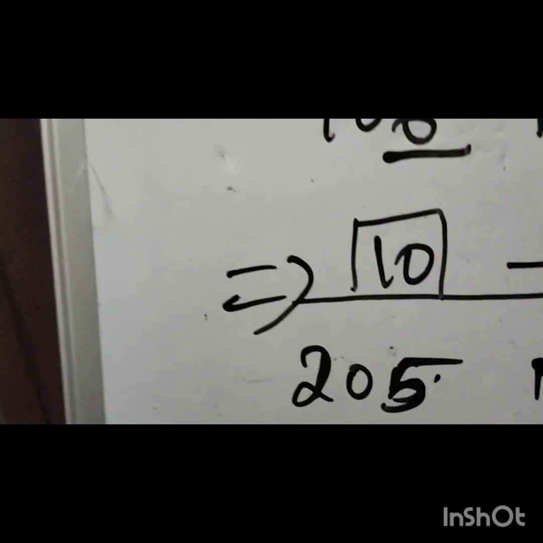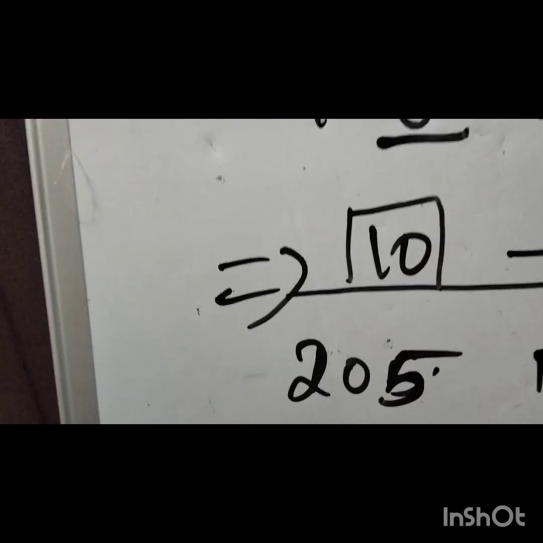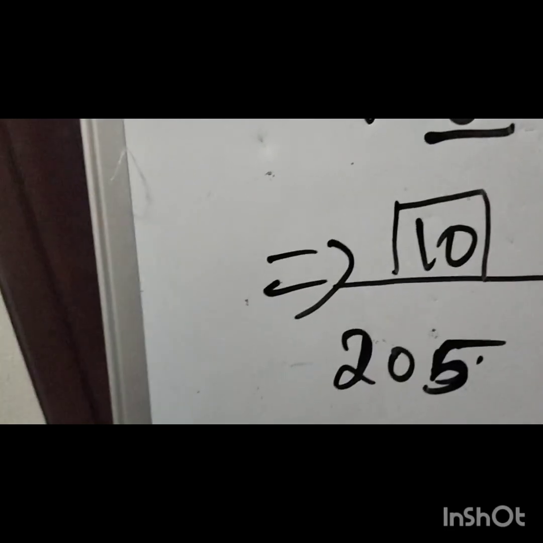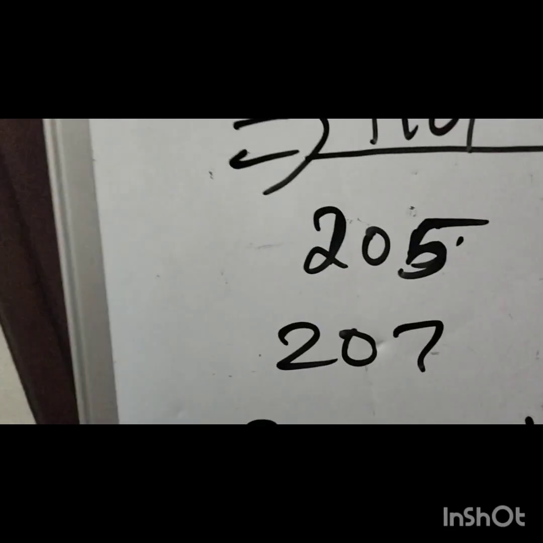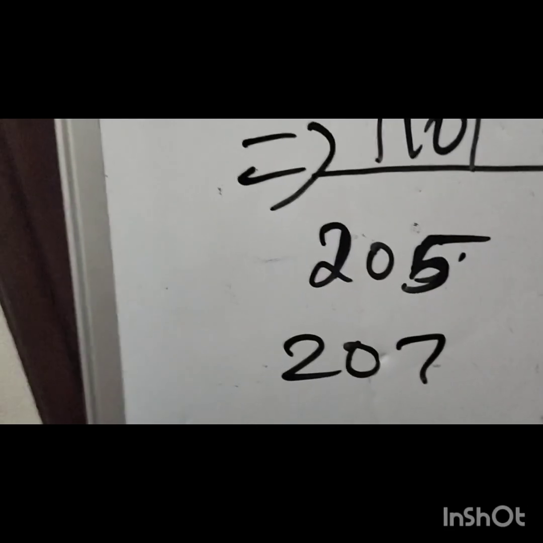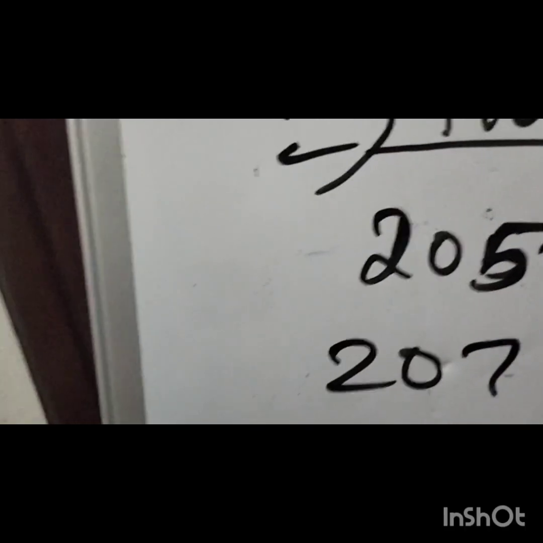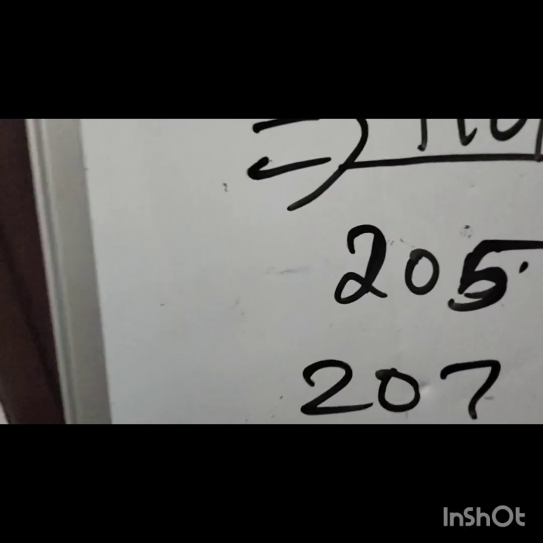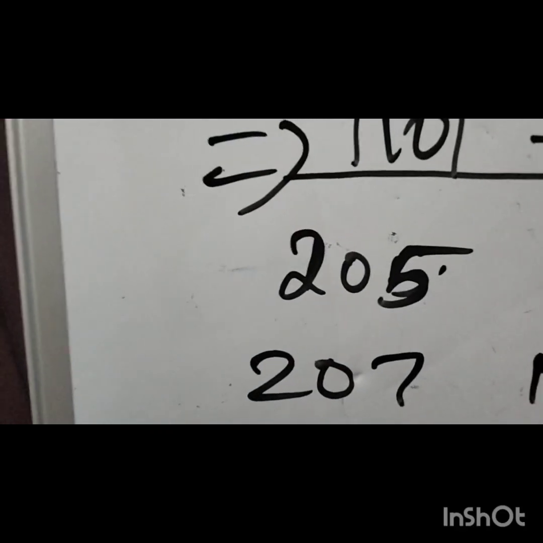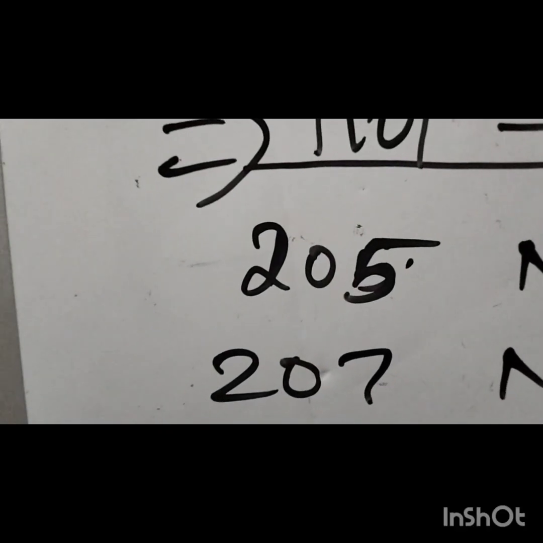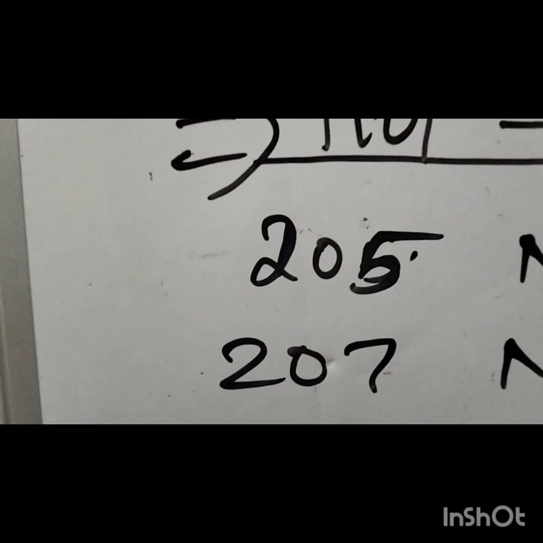But in the case of 10, the end digit should be 0. Another question: is 207 divisible by 10? No, the end digit is 7. Is 207 divisible by 2? No, the end digit should be even in the case of 2.